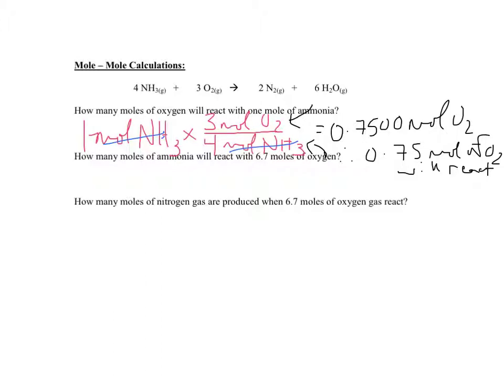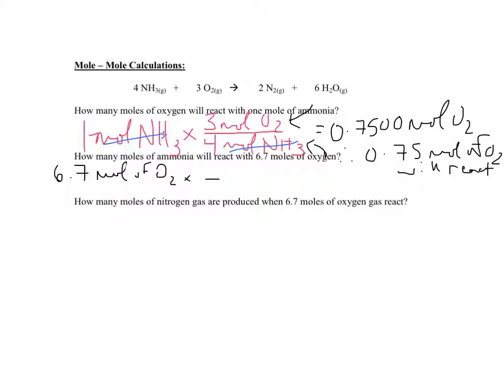So here we go. You say 6.7 mole times, now we have to figure out our conversion factor, so I'm going to write that right there. And you know 6.7 is moles of O2. That's moles of O2.